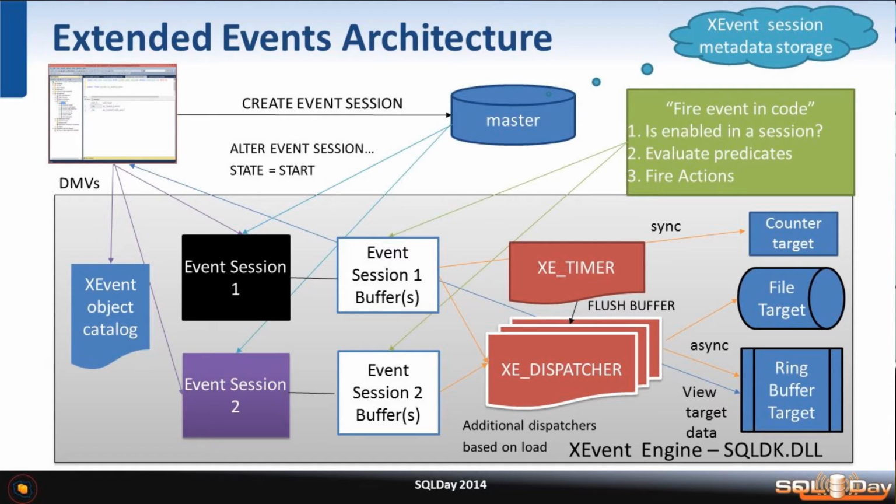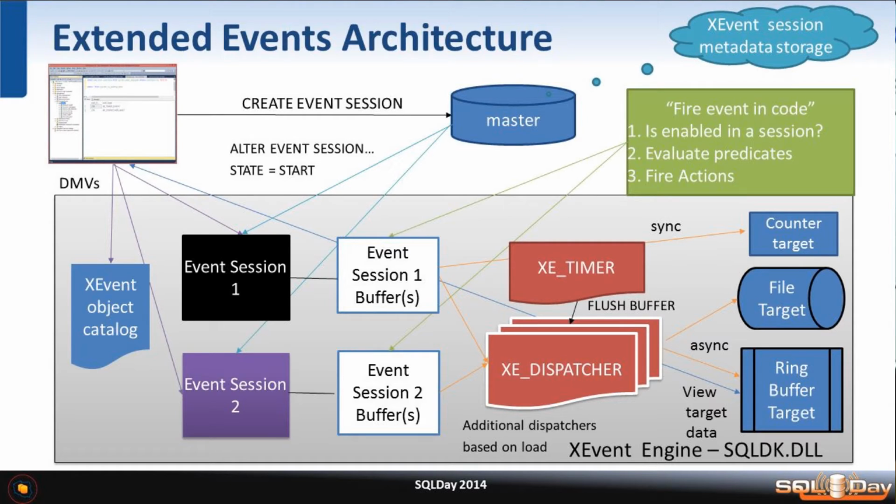First of all, the Xevent object catalog is actually stored in memory. It's not on disk. So when you run a dynamic management view query against SQL Server, you can find out what's in the Xevent data itself. These are background processes, XE timer and XE dispatcher, that are going to be used to actually store data in these targets to the right over here.